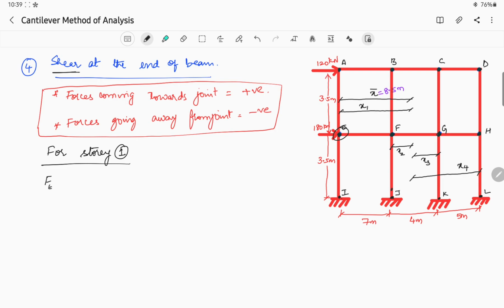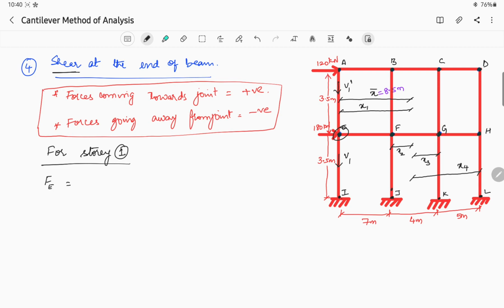So shear force at E, F suffix E, is equal to, if you consider this joint E, see how many forces are coming towards joint E. We have one force which is V1 dash, and here we have V1, isn't it?